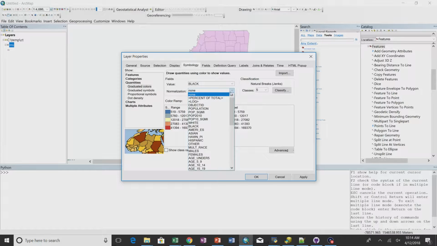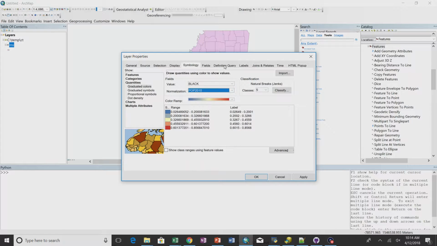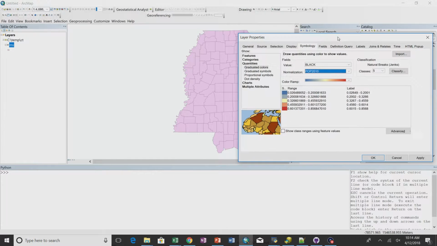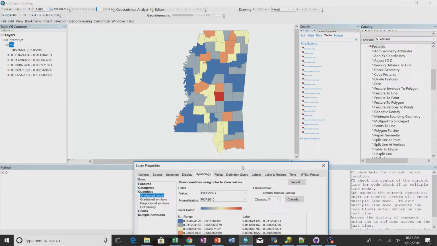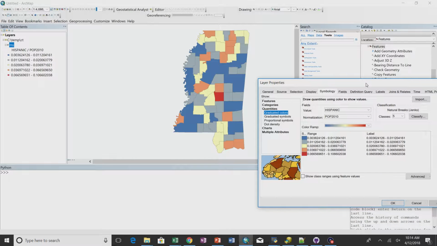Let's try total population. So that looks pretty clustered, although it'd be interesting to test, I think. Hispanic. Yeah, that might be pretty interesting to test.